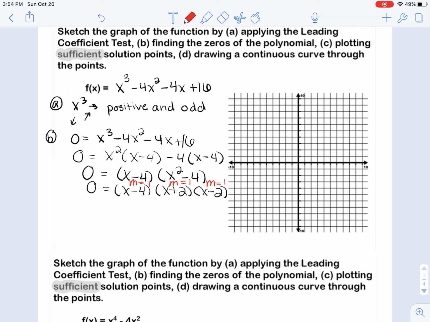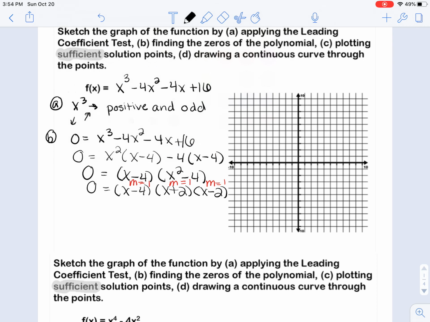So the multiplicity would be 1. Since it's an odd multiplicity, it'll be crossing at every single zero. Remember, even touches, odd crosses.